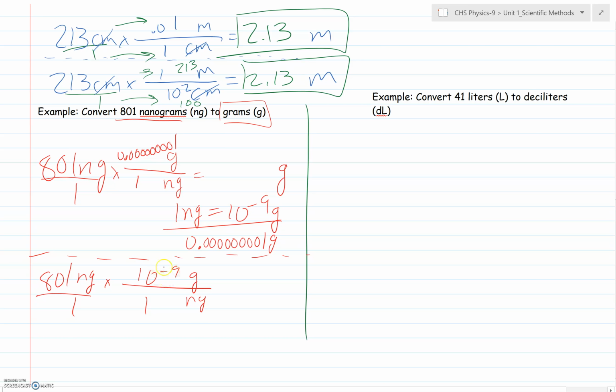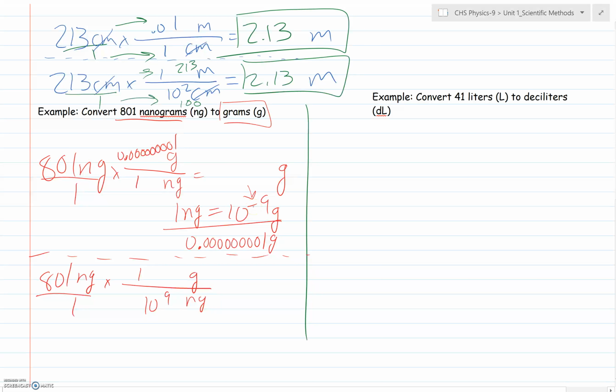And then this negative sign, remember, tells me that I need to change where this is at on my fraction. So in this case, you go from the numerator down to the denominator, and I end up with 10 to the 9 down on the bottom, and I end up with 1 up on the numerator. Okay, it's still the same ratio. All that I did is I just swapped it because of the negative sign. The only time you swap them is if it's the negative sign.